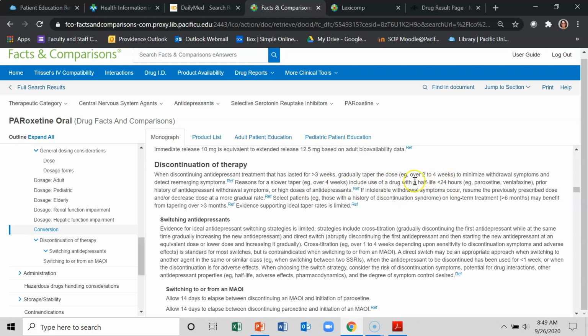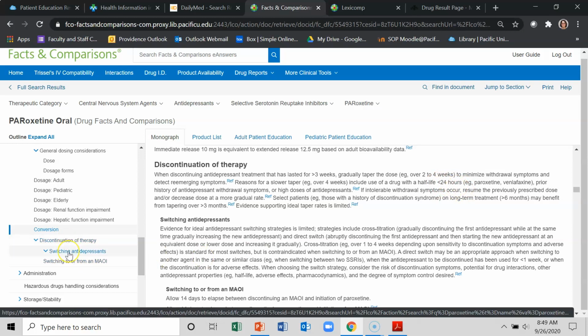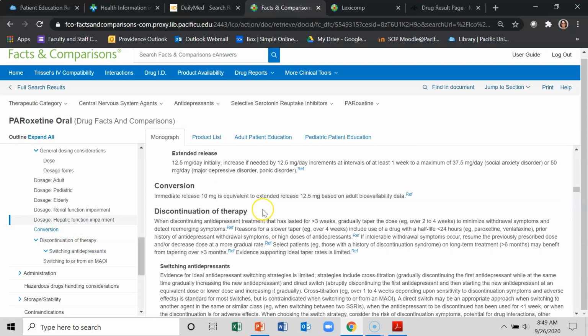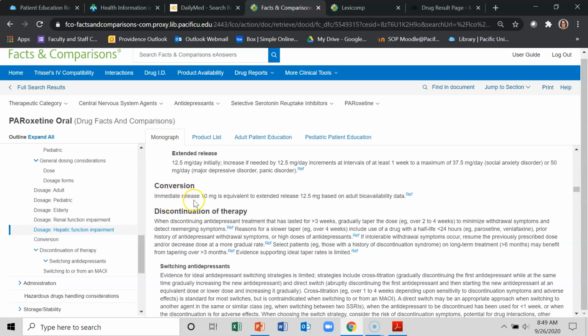And that has to do with the shorter half-life of this antidepressant compared to some other ones in the class. They also have some sections on here about switching antidepressants, and it has some information about conversion related to changing between the extended release and immediate release products. So that's a basic entry to Facts and Comparisons.